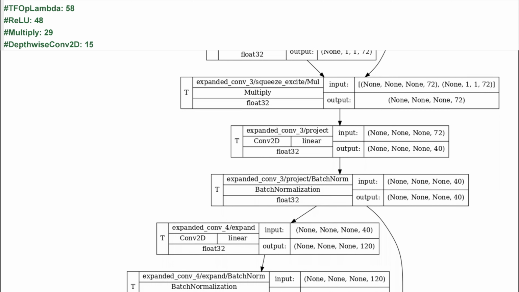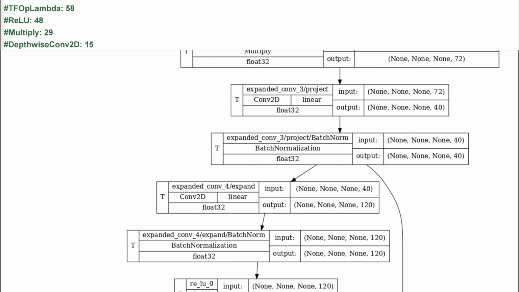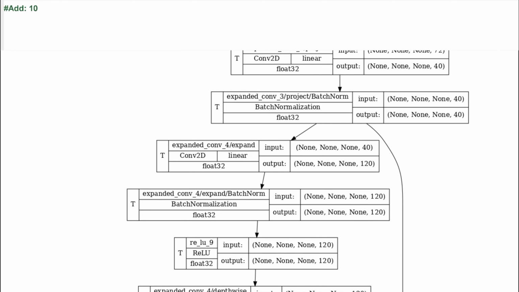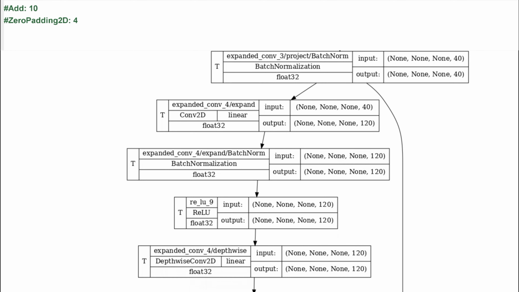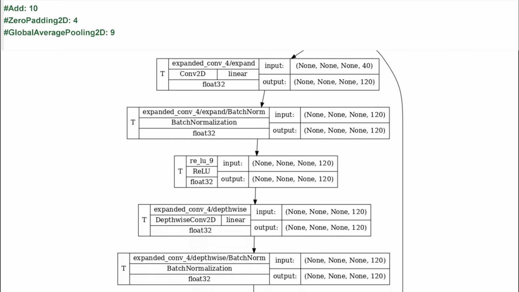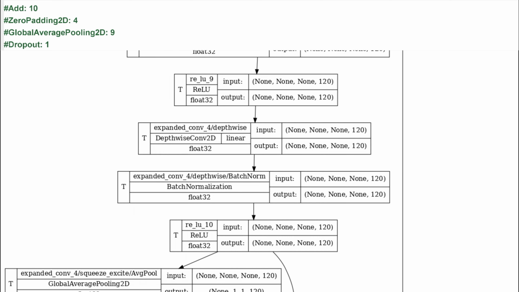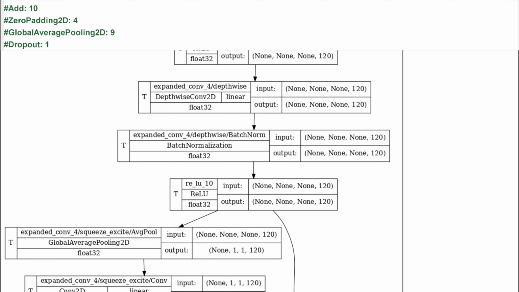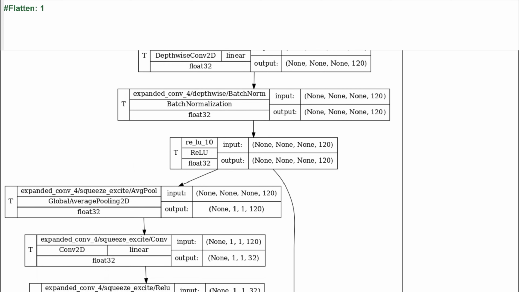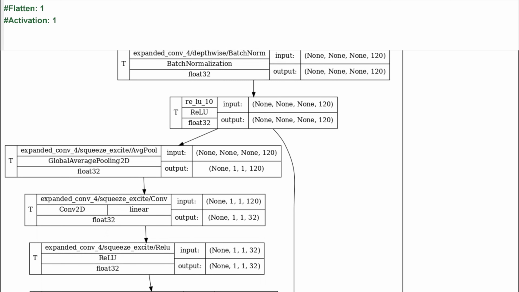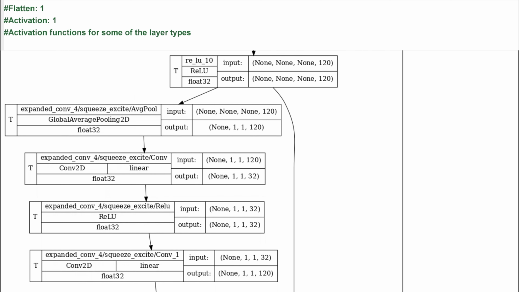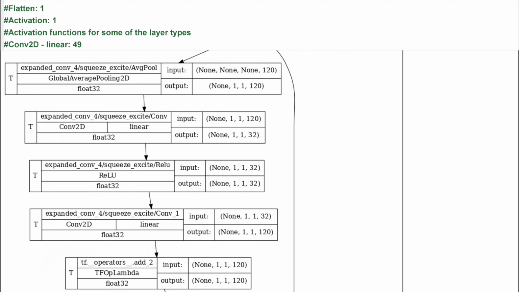Depthwise Conv2D, 15. Add, 10. Zero padding 2D, 4. Global average pooling 2D, 9. Dropout, 1. Flatten, 1. Activation, 1. Activation functions for some of the layer types.